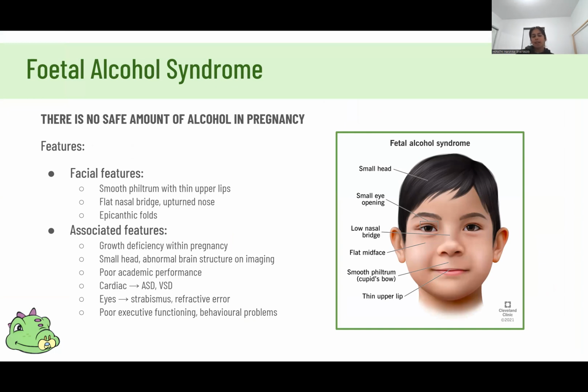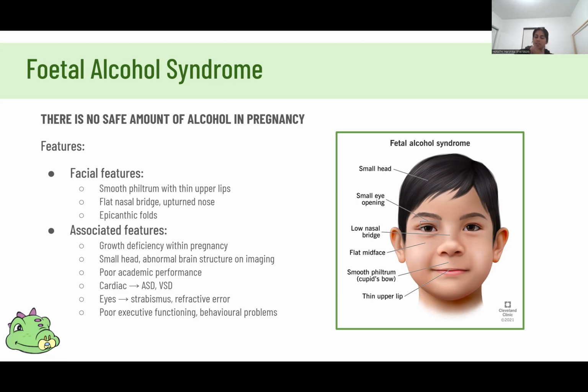So there are specific facial features, and they end up being quite similar to those seen in Down syndrome, but there's less prominent facial features in fetal alcohol syndrome. So the epicanthal folds, the thin upper lip, and the mouth itself also just ends up being smaller.